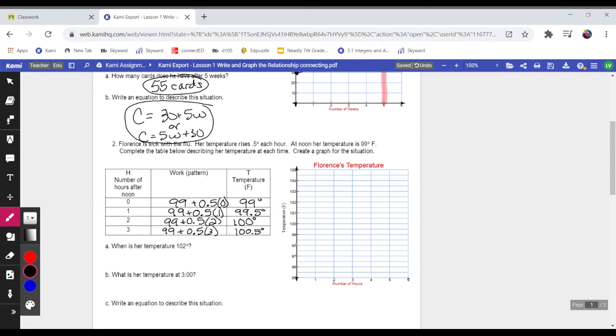So I'm going to graph these. I have 0, 99, 1, 99 and a half, 2, 100, 3, 100.5, 4, 101, 5, 101.5, 6, 102.